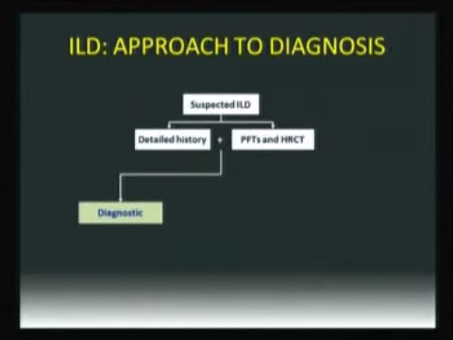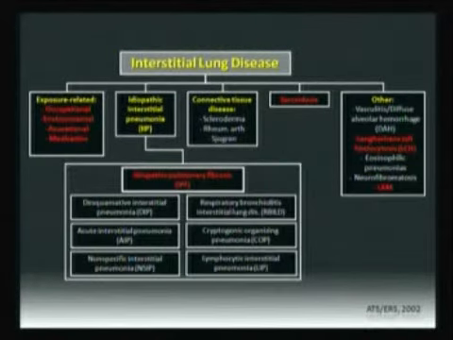And in many instances, you get the diagnosis after you take a detailed history, lung function, and high-resolution CT scan. So this morning we have seen the case of IPF, but there are many others. All the occupational exposure-related ILD, it's a mixture of history, lung function, and high-resolution CT scan.